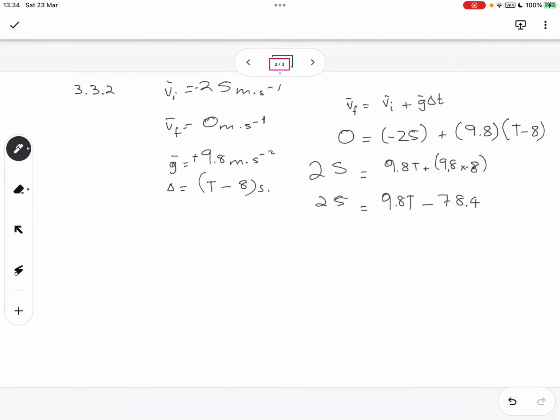Then we take the 78.4 to the other side, so 25 plus 78.4 gives 103.4 equals 9.8t.